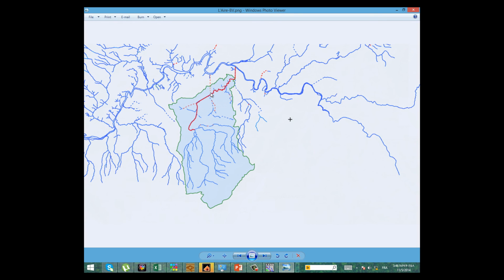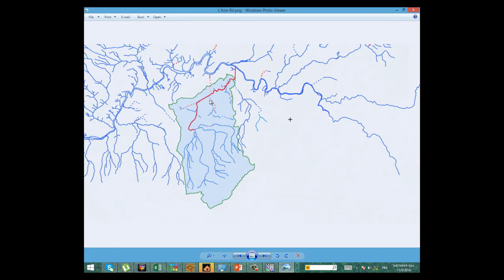This is a tunnel to reduce the size of the flood, which flows directly into the river Arve. By reducing, they divert some of the flood directly into the river through a tunnel, through that weir.